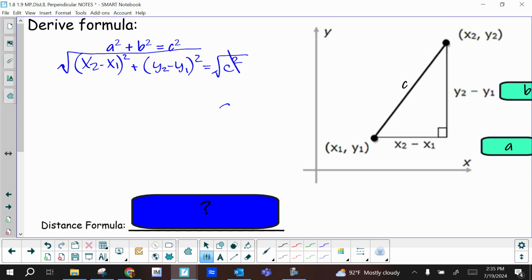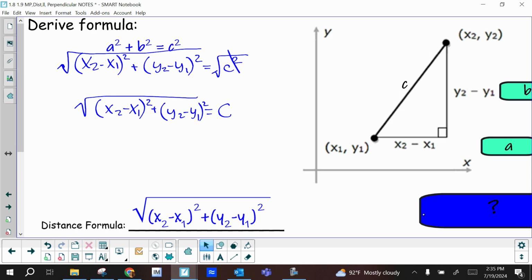Okay, so once you get C by itself, there's your formula: the square root of x2 minus x1 squared plus y2 minus y1 squared. It seems rather lengthy, but if you want to find the distance between two coordinates, all you've got to do is plug in those numbers right there, whatever those coordinates are.